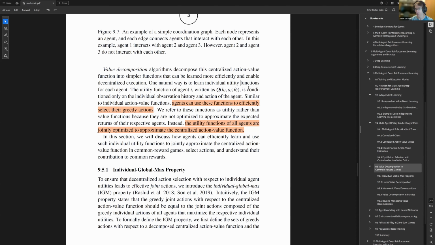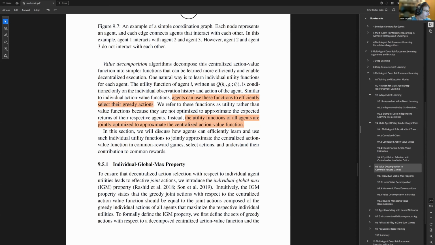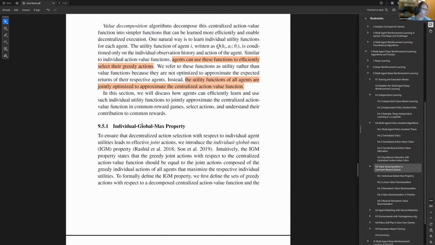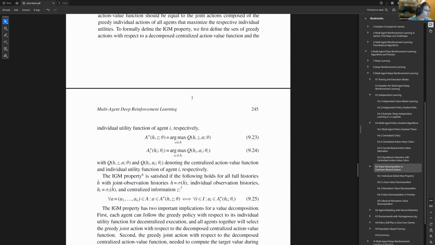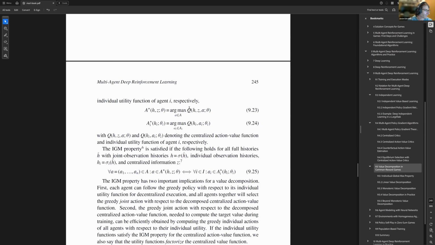And then in aggregate, when all of the agents do that, the effective joint action that they get by just maximizing their own utility function matches the optimal joint action value. So that's what's referred to as the individual global max property, which sets up this equivalence here.